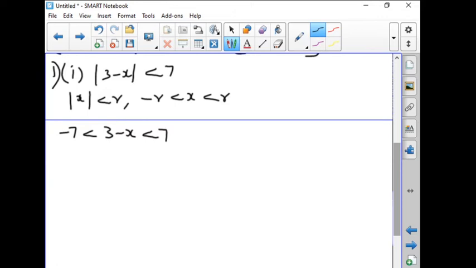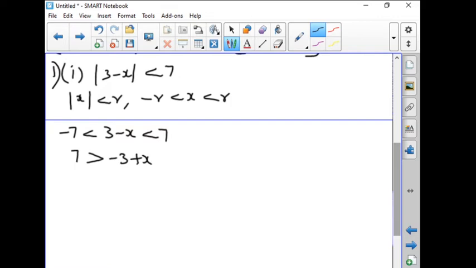So now multiply throughout by minus. When we multiply throughout by minus, this becomes plus 7 and this less than or equal to will become greater than or equal to. And here we have minus 3 plus x.